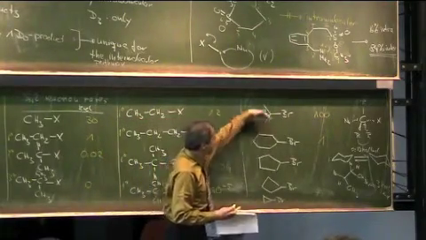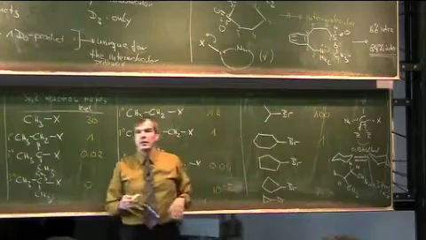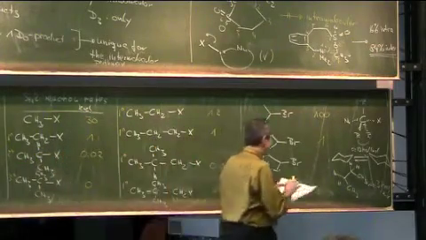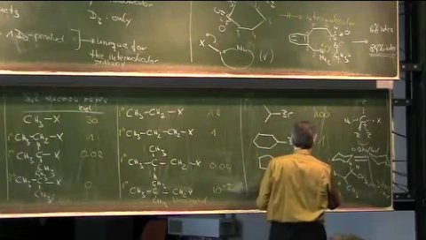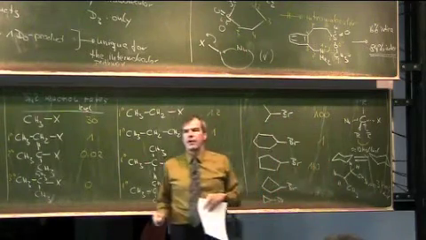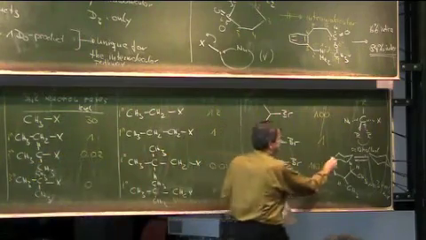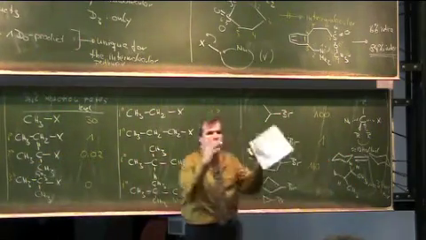But you see this reflected in the reaction rates here. Now, interestingly enough, the 5-membered ring is very fast, and that is because the 5-membered ring is much more flexible.